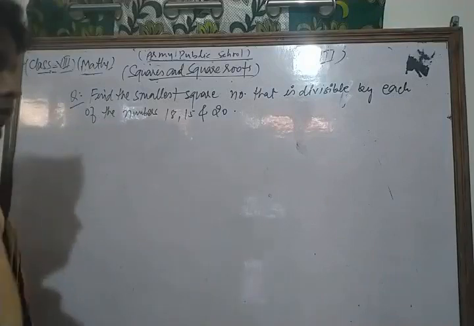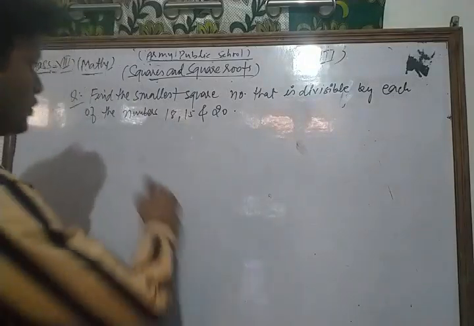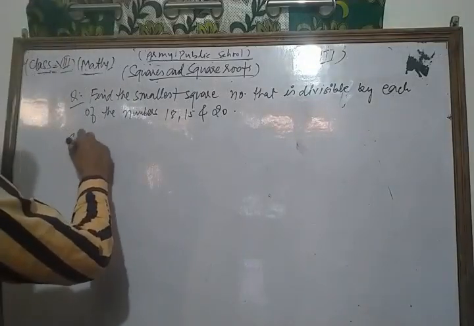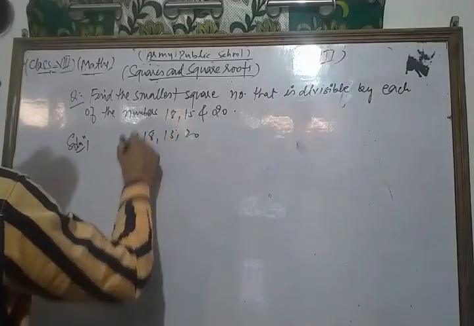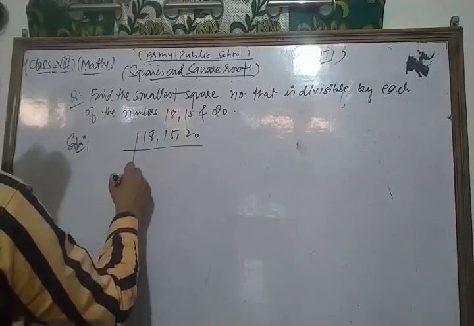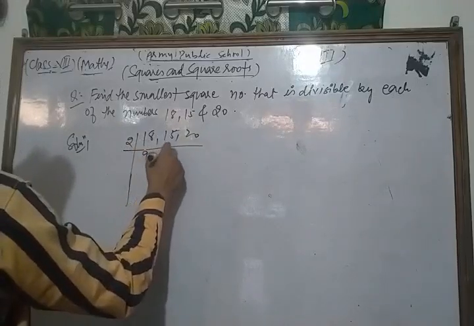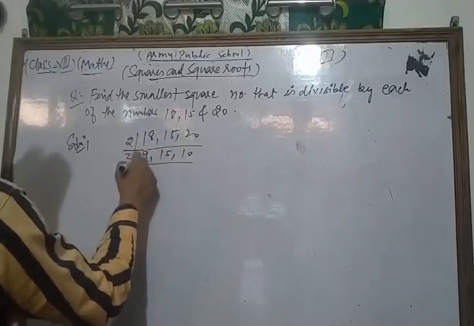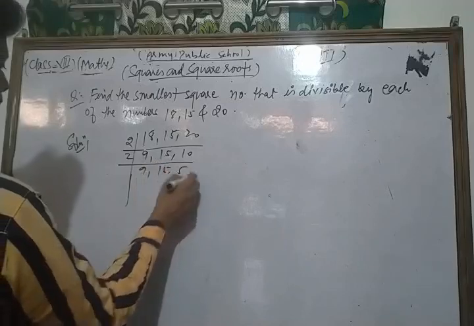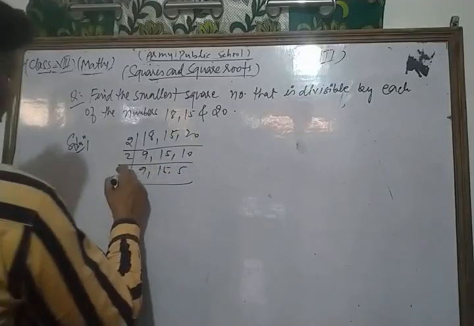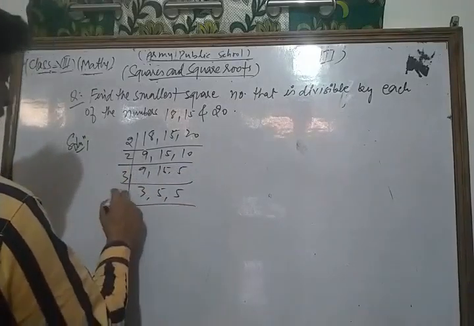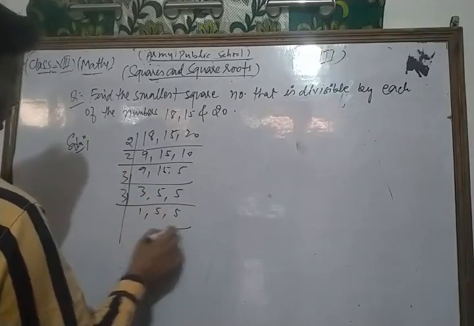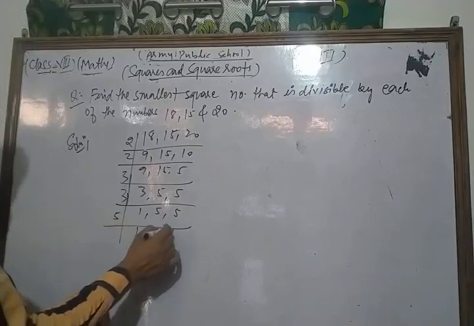Now, what is the process? Let's see. First of all, in that type of question we find the LCM of 18, 15 and 20. Let's see. By 2, 2 9s are 18, 2 5s are 10, now again by 2, 9, 5, 10, now 3 3s are 9, 3 5s are 15, again by 3, 1, 5, 5, now 5 1 1 1.